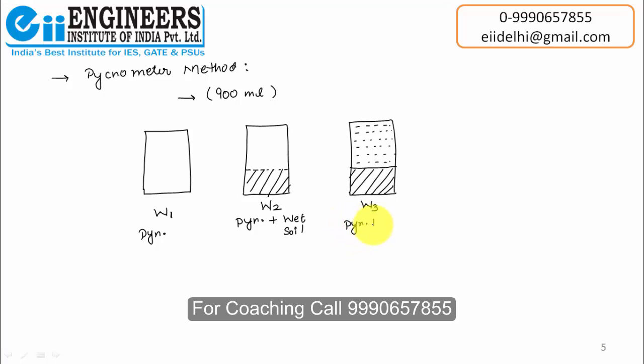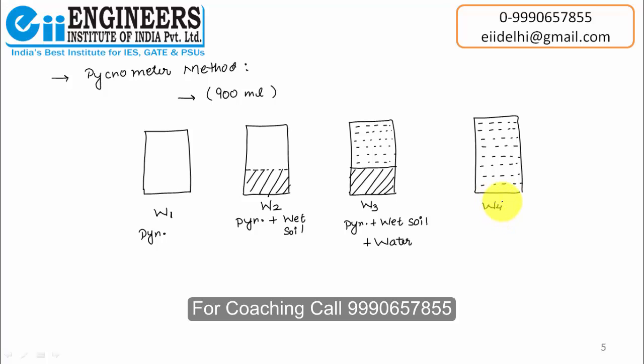This is pycnometer plus wet soil plus water. Then we empty this pycnometer, clean it thoroughly, and fill it completely with water. Let its weight be W4.